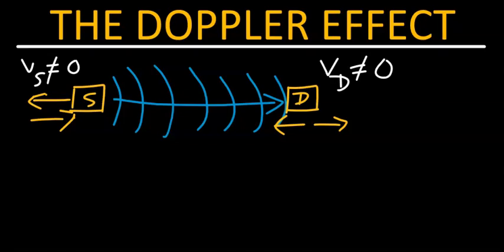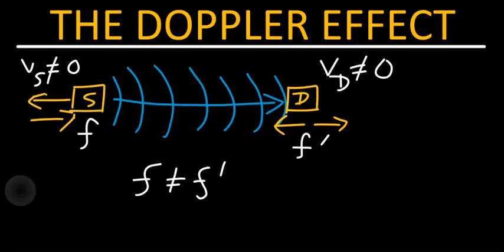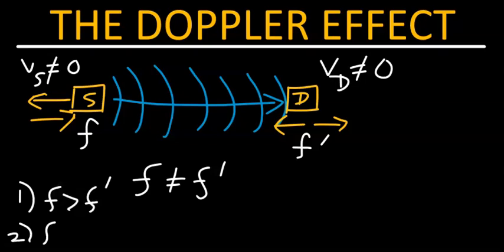In such cases, if f is the frequency of the sound wave that is being emitted by the source, the frequency of the sound wave that is detected by the detector is no longer f, but it is some other value, say f prime. So in this case, f is not the same as f prime. Of course, there are two cases. Case 1, f can be greater than f prime, and case 2, f can be smaller than f prime.